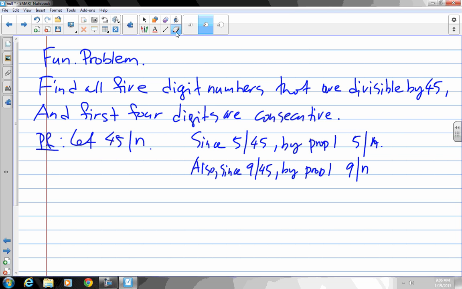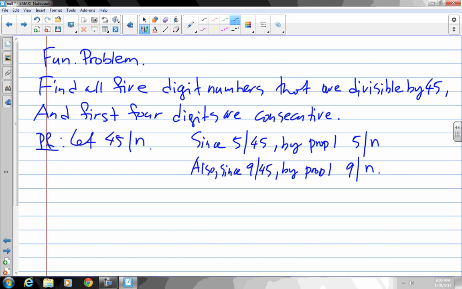So we kind of simplified our problem. We're looking for a number that is divisible by 5 and 9. Thinking about divisibility of 45 is a little messy, but it has to be divisible by 5 and 9.